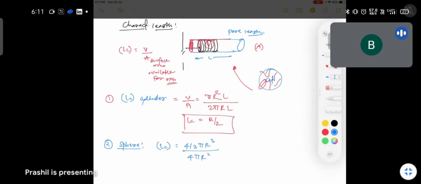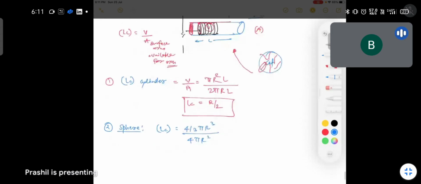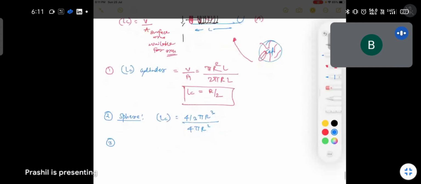Third, I am writing for a flat plate. A flat plate is normally like this. Here volume is length into breadth into height, and your area would be the top area plus the bottom area, so you will have 2 into length into breadth.